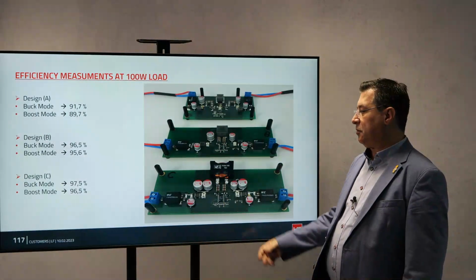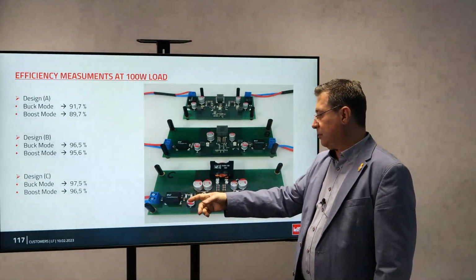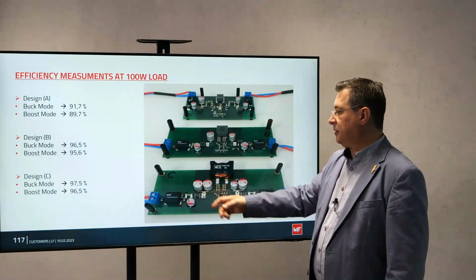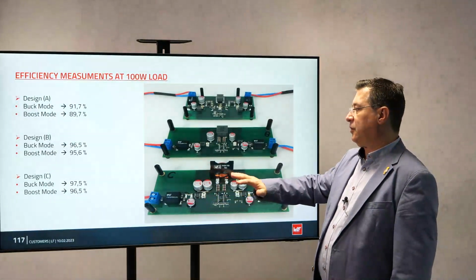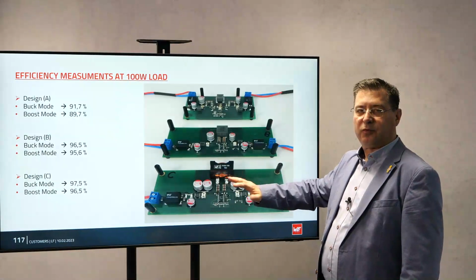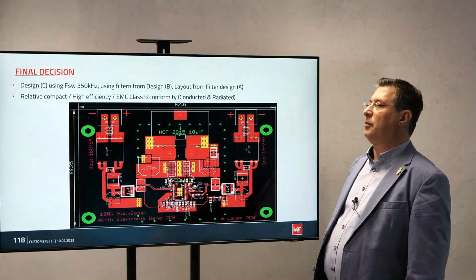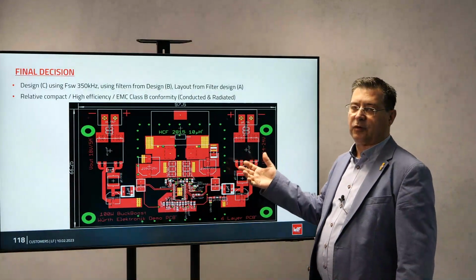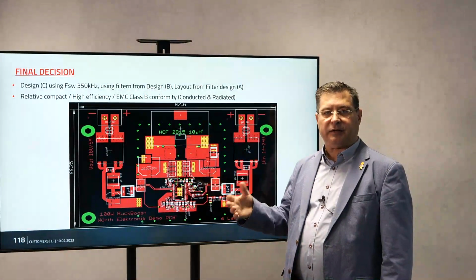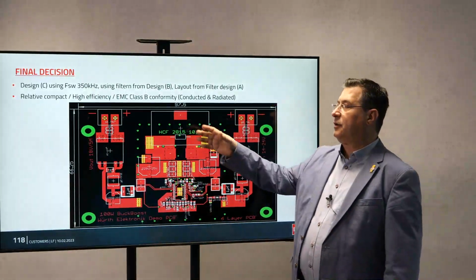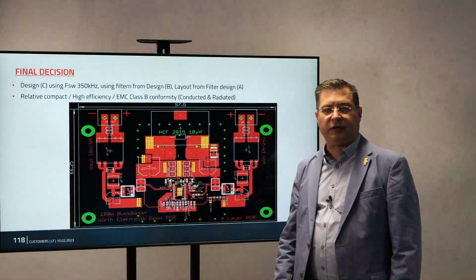What you can do is drop out the two components here, the two common mode chokes, and put the inductor instead. You have efficiency and quite good EMI. Or you can go with design B, and this is the compromise between design B and C. Use a lower switching frequency, not 400, not 200, only 350 kilohertz.